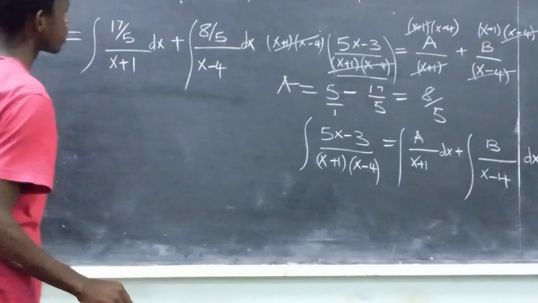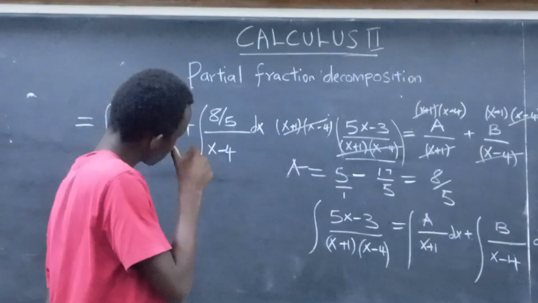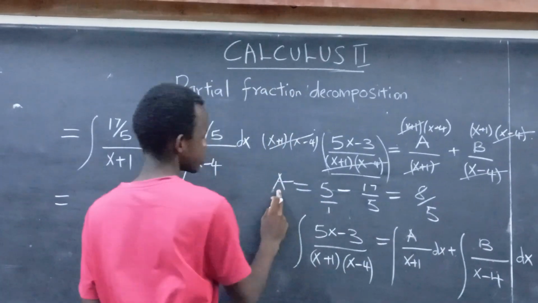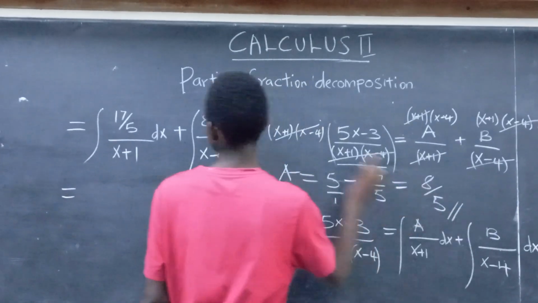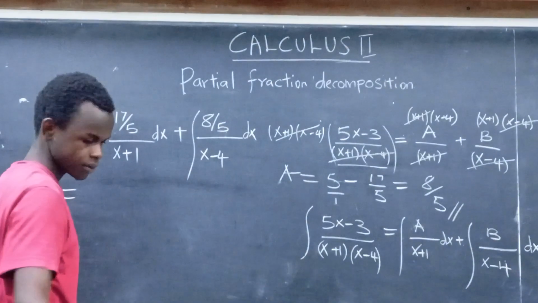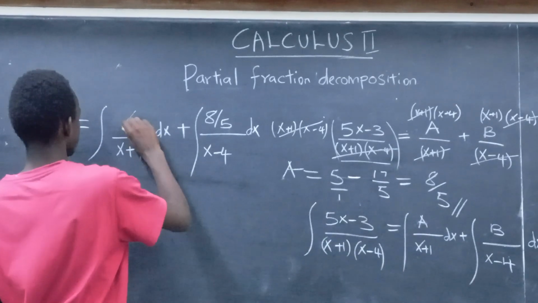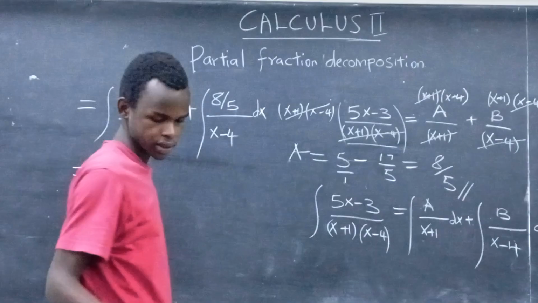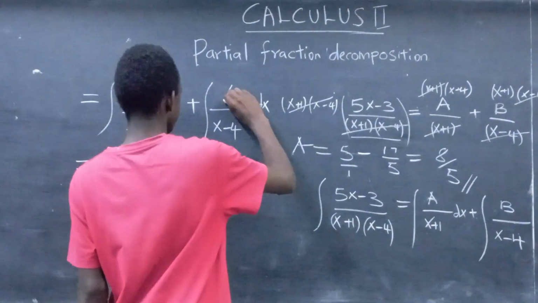Again, this is the integral. So sorry, this is part B. So as you can see, what's my a? My a is 8 over 5. Not 17, but 17 over 5 is just the b part. So my a is 8 over 5. Then my b is 17 over 5.